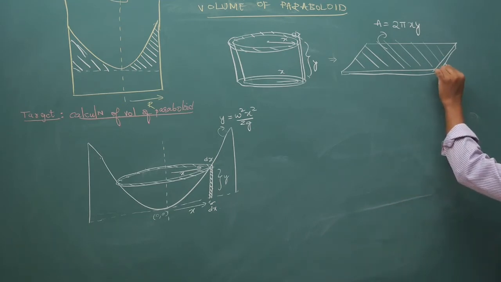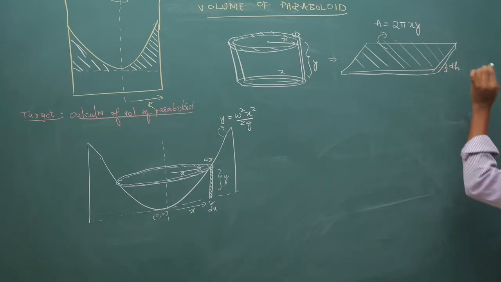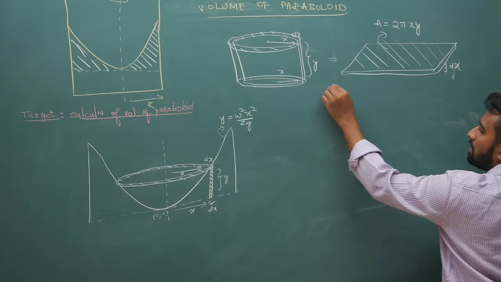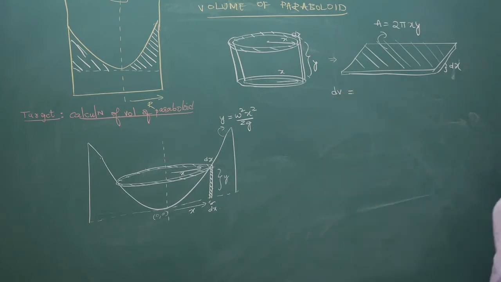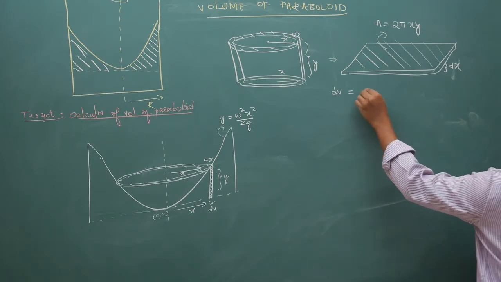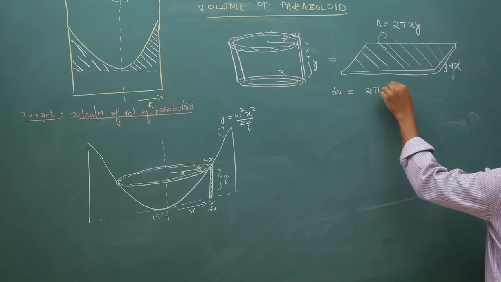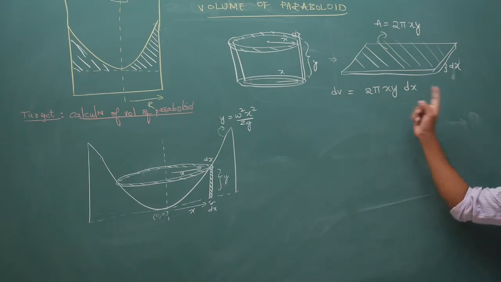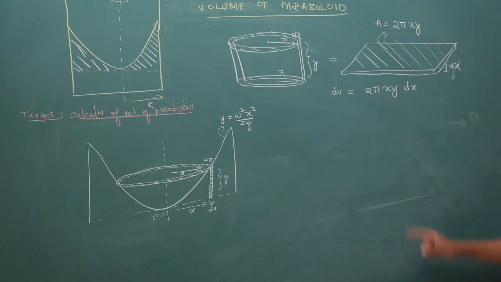This thickness is dx. So the small volume dV, for these kinds of figures, is area of base into height, which is 2 pi xy times dx.